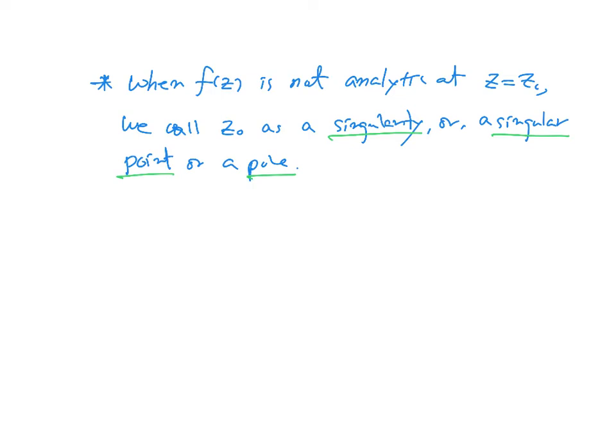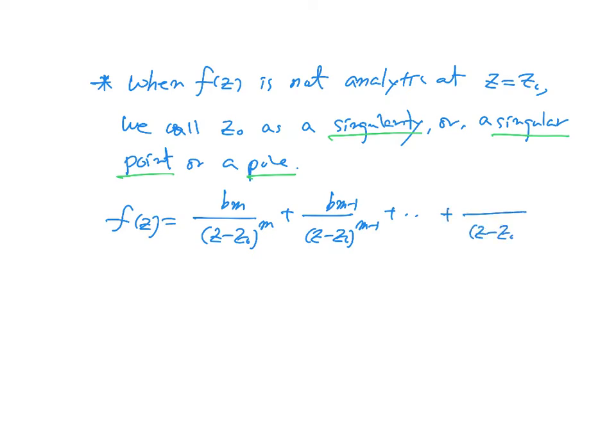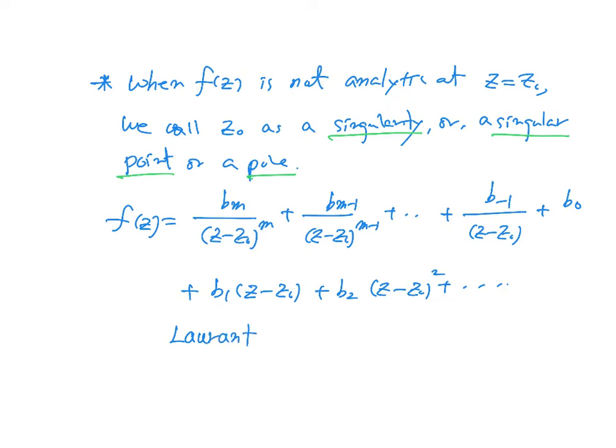So for example, if we can expand f z as a series of terms b m times z minus z naught to the m, this kind of series is called a Laurent series. It is a name called Laurent series.